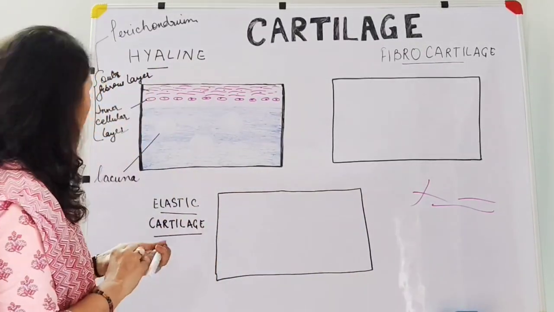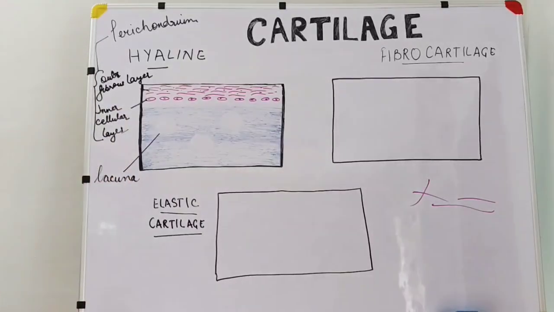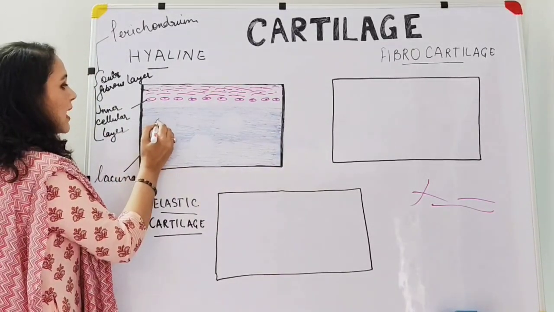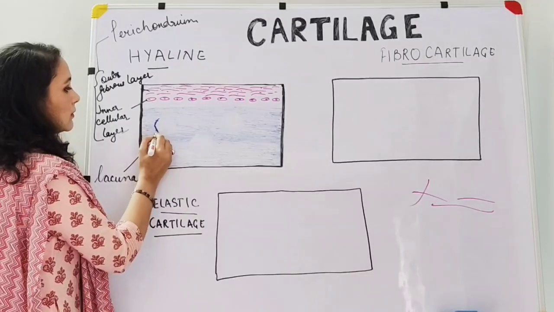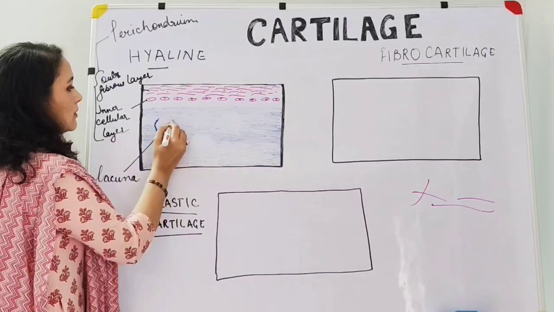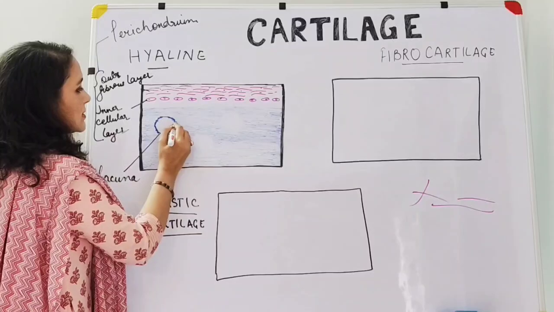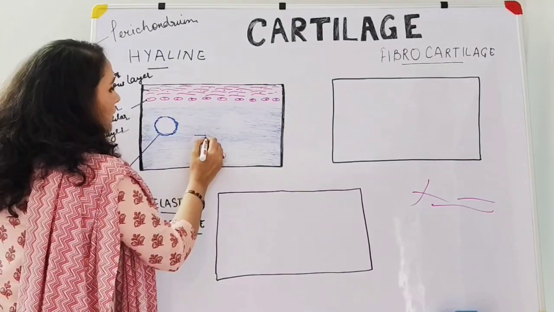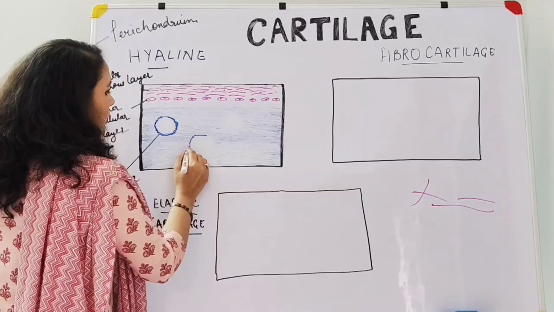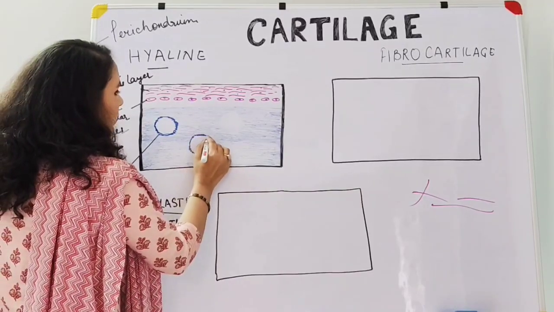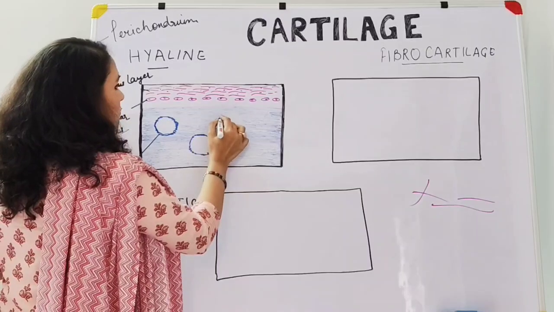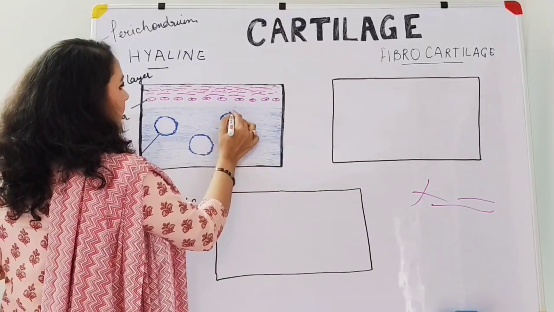Now, how will the matrix appear around the lacuna? In the hyaline cartilage, it will be slightly darker. So shade the matrix slightly darker around the lacuna. This is a marker, so it is not giving the exact appearance as it should, but with your pencil colors you can get that color.